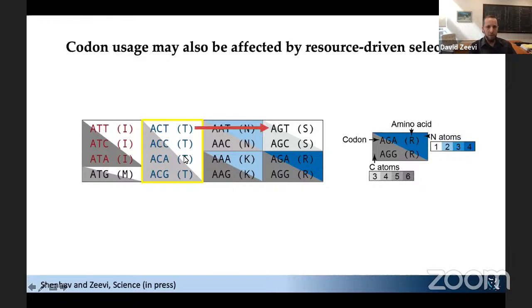If you mutate the top 2 codons, you end up with a C to G mutation in the second position. You end up with serine, which has low carbon and low nitrogen. But if you make the same mutation in the bottom 2 codons, the ACA and ACG codons, you end up with arginine, which has high nitrogen and high carbon.